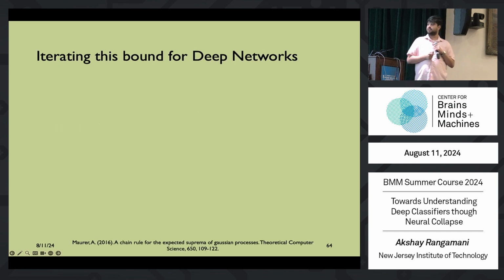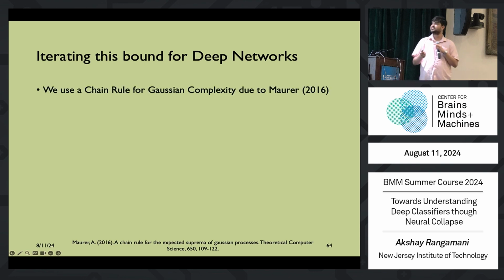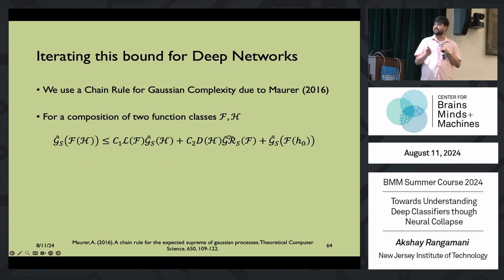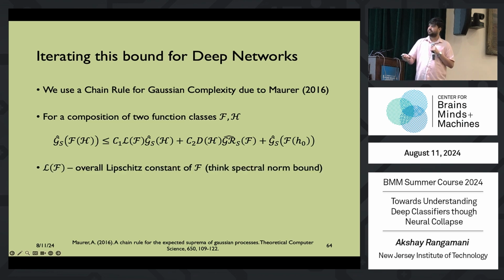Okay, and can we iterate this for deep networks? We can use a chain rule for complexity, which is pretty neat. If I have a composition of two function classes, I can split the complexity of the composition into the Gaussian complexity of the first function class, and then something that depends on just the second function class.